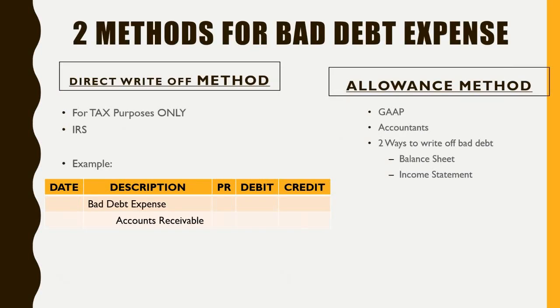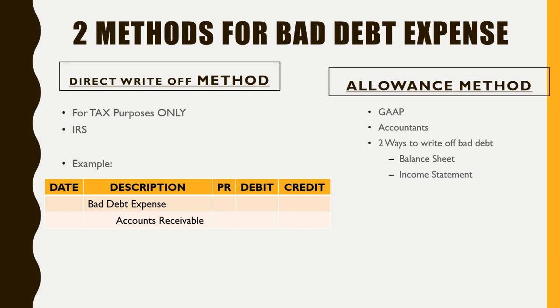Now, how do we journalize the bad debt? There are two ways that we can journalize the bad debt, okay? The first one is called the direct write-off method, which is used for tax purposes only, for the IRS, where they directly take the bad debt out of the accounts receivable.